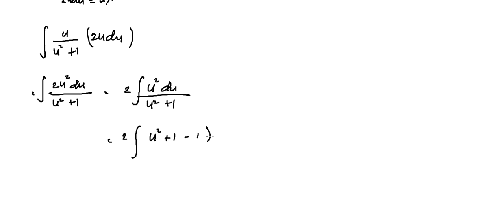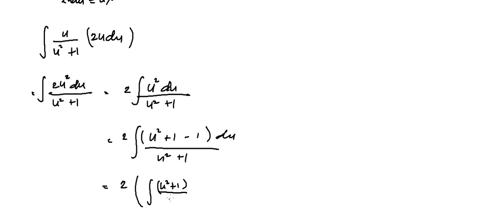Then we have 2 times the integral of u squared plus 1 divided by u squared plus 1 du, minus this part, the integral of 1 du all over u squared plus 1, right?